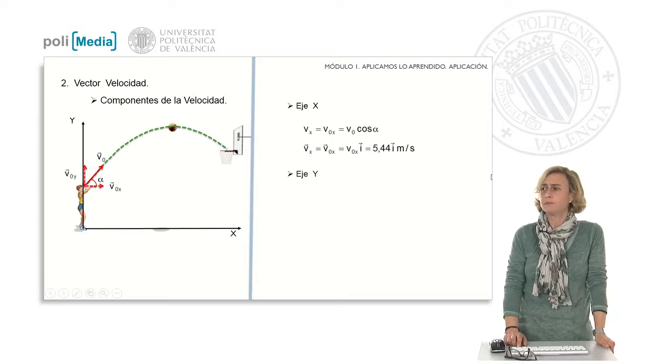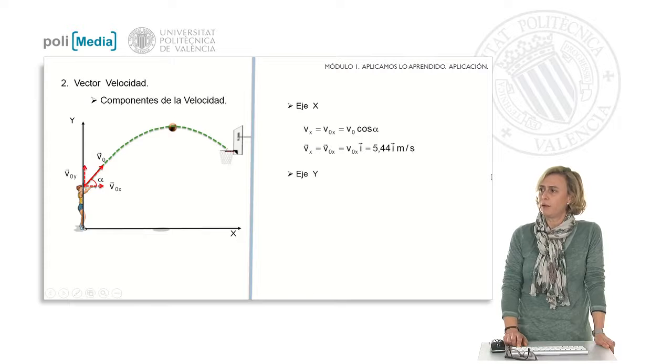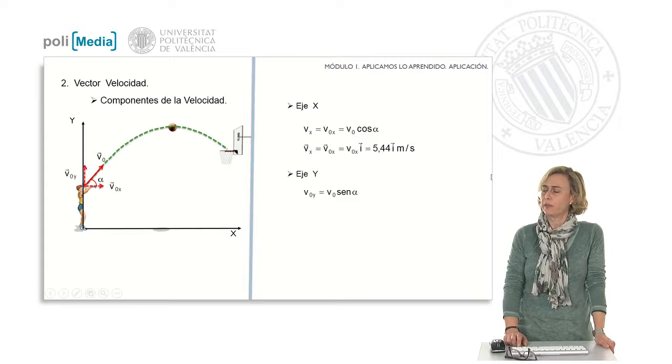On the y-axis, we have uniformly accelerated motion, and we have an initial velocity. The initial velocity will be v sub 0 times the sine of alpha. Taking into account the equation of a uniformly accelerated rectilinear motion, we see that v sub y will be, in this case, v sub 0 sine of alpha minus g times t.